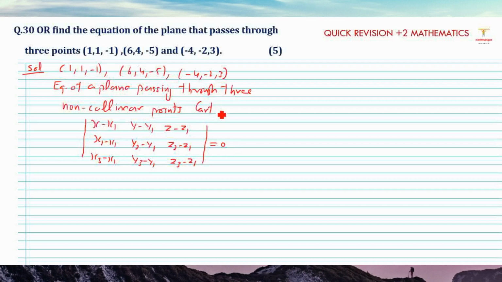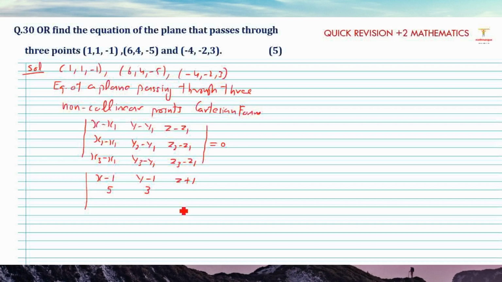So here in this question, you can apply the direct formula. You get x minus x1, y minus y1 and z minus z1. Here you get x2 minus x1, children, this is 6 minus 1, you get 5; 4 minus 1, you get 3; and minus 2 minus 1, you get minus 3.